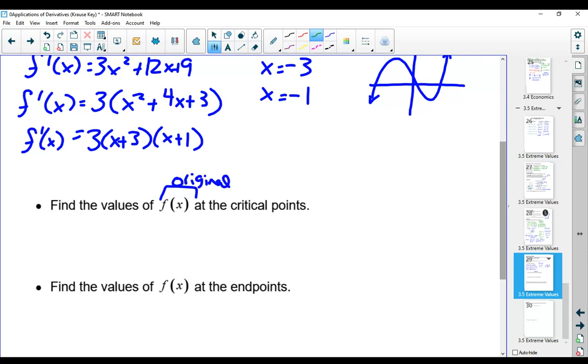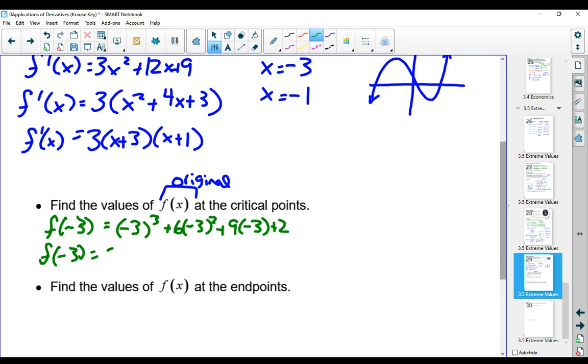So for the first one here, we're finding the value of f of negative 3. So we would have negative 3 cubed plus 6 times negative 3 squared plus 9 times negative 3 plus 2. So f of negative 3 equals 2. And then f of negative 1, sorry.